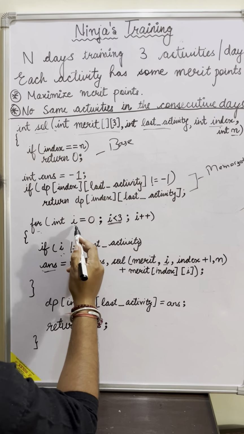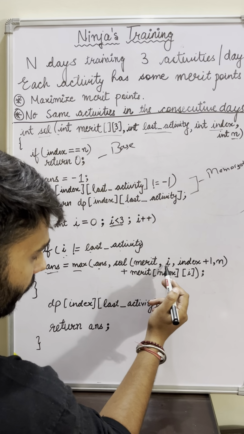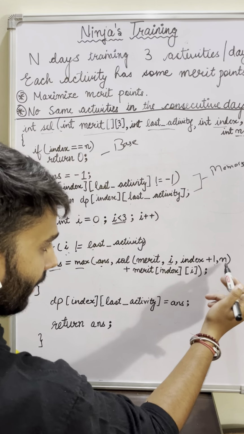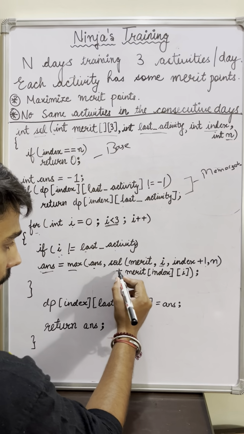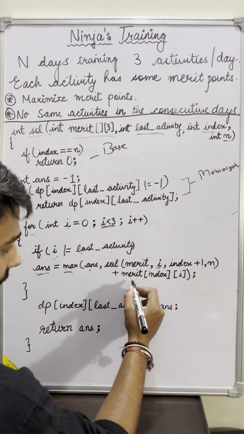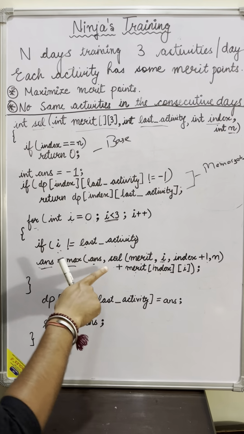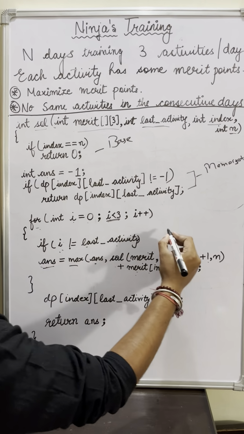Now suppose the last activity is 1, we are choosing the 0th activity. So it's 0 now. We are moving to the next index, that's why index plus 1, and we just simply add this particular merit point to our answer: merit, index, and the ith activity that we choose. Similarly, for 0, suppose its last activity is 1.